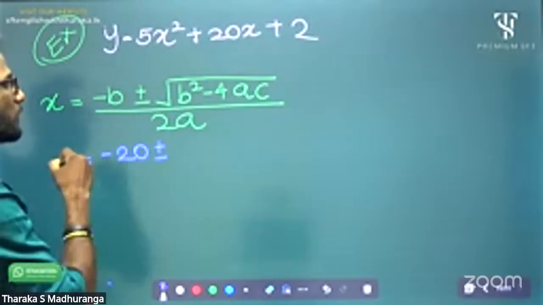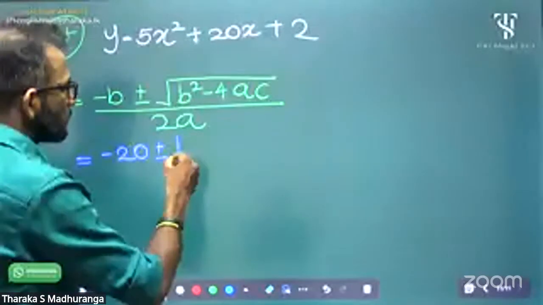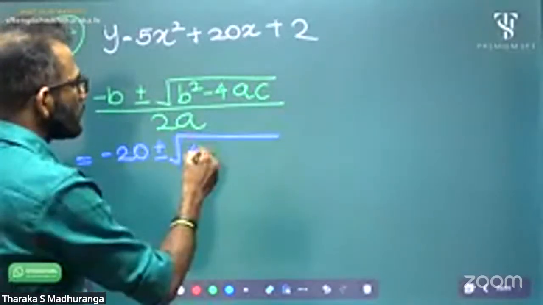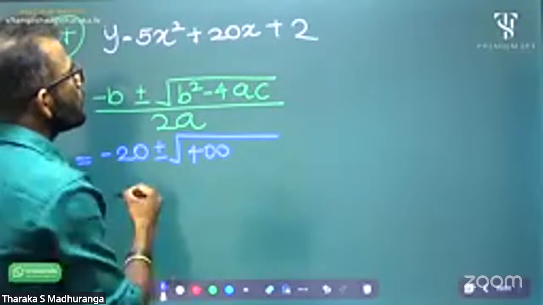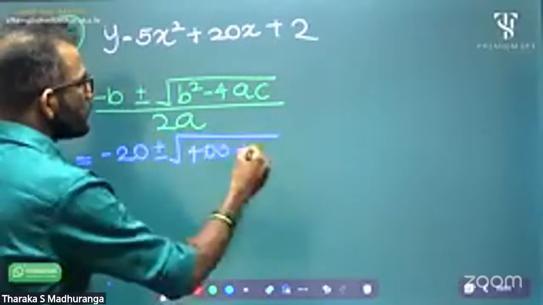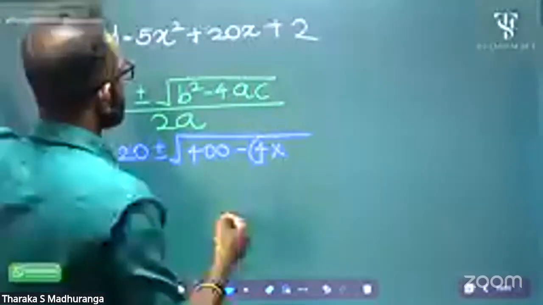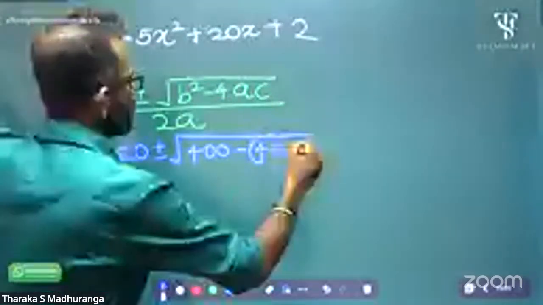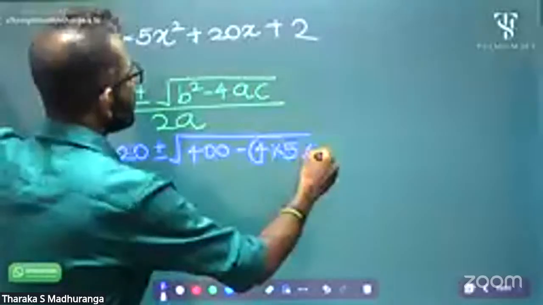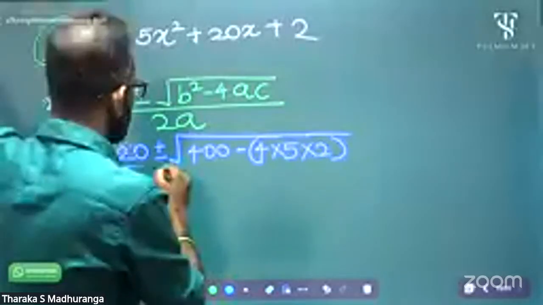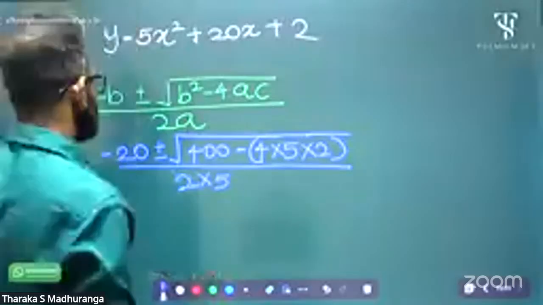Plus or minus the square root of 400 minus 4ac, 4 into 5 into 2, divide by 2 into the a value 5.